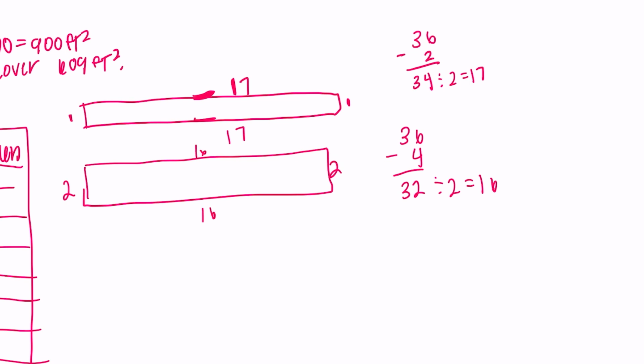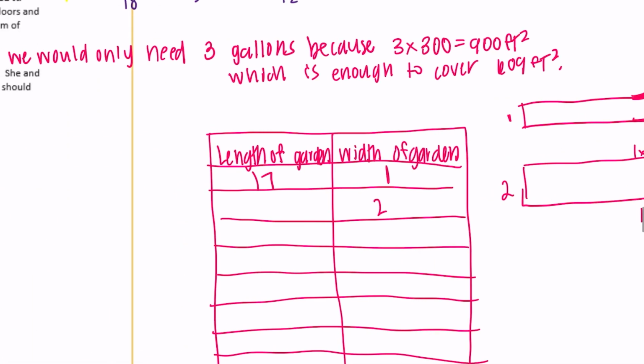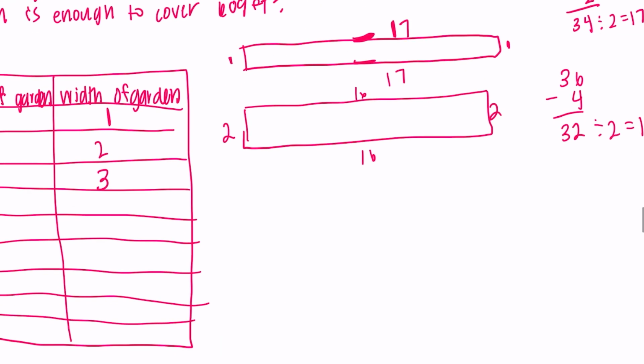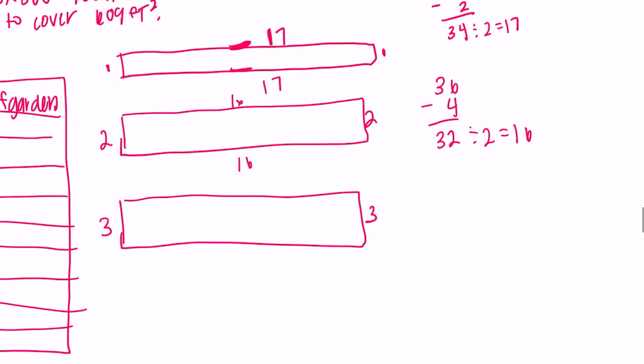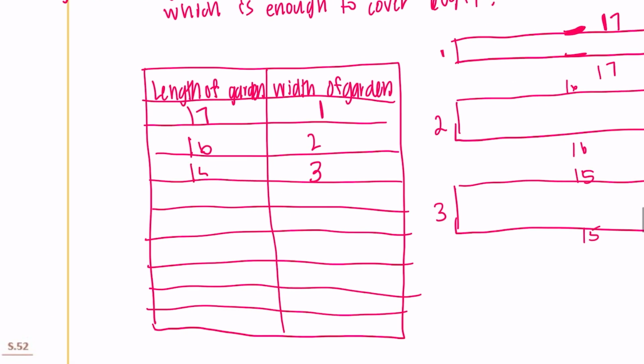So now each side is 16. If I wanted my width to be 3, I'm just going to keep going. So a little bit wider. 3, that would leave me with 36 minus 6, which is 30. And I divide that by 2. Each side is 15. Are you seeing a pattern here?